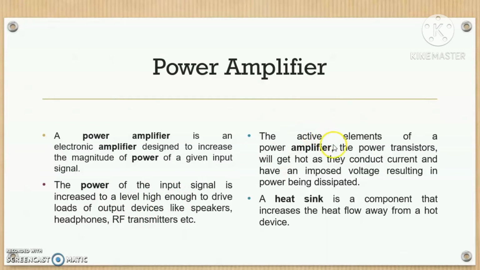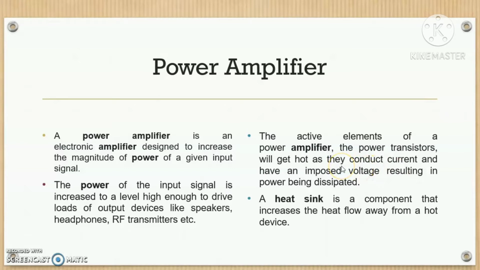As I said, the current in power amplifiers is in amperes, and the power is in watts. So the power dissipation of a transistor is very high in case of a power amplifier. Due to that it is becoming hot, as heavy current is passing through it.